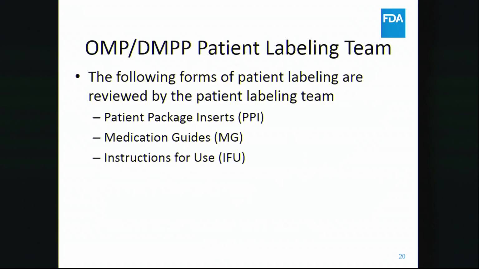Also, the team looks at the following forms of information that you see listed here. So the patient package inserts, or PPIs, as they're sometimes referred to, the medication guides, the instructions for use, as I mentioned.